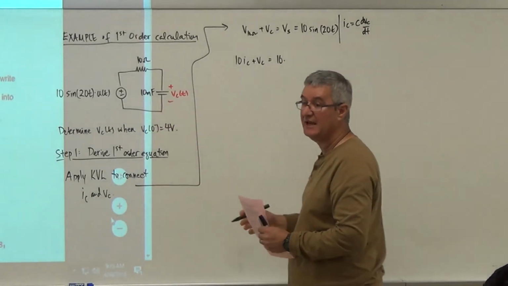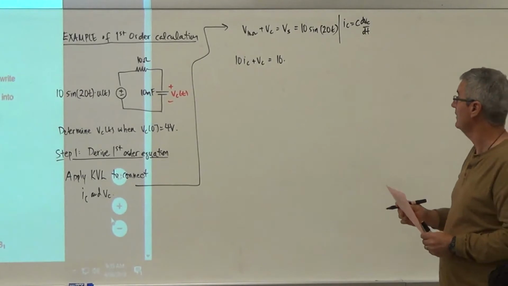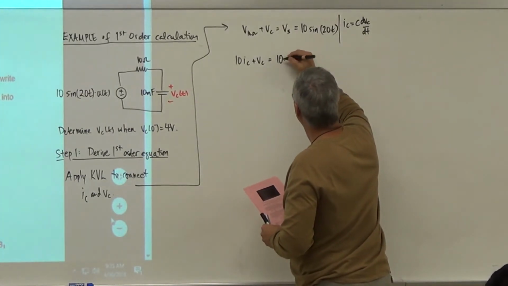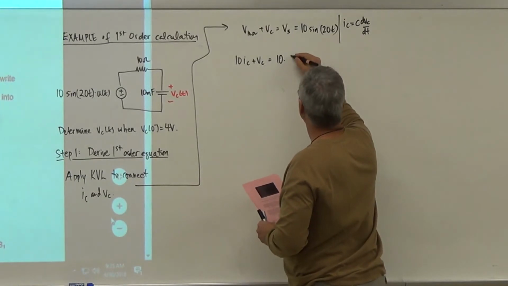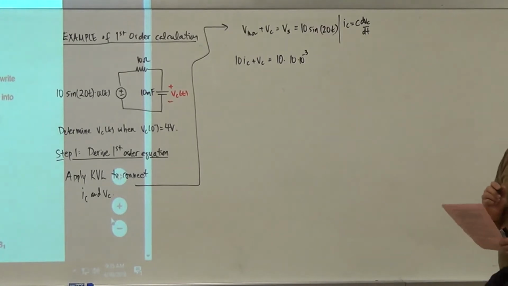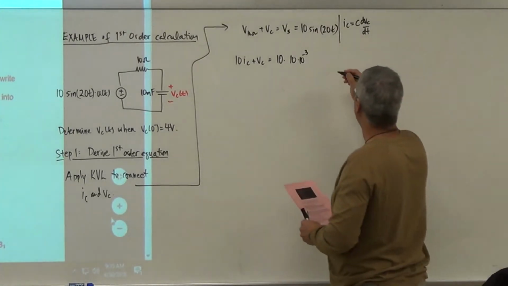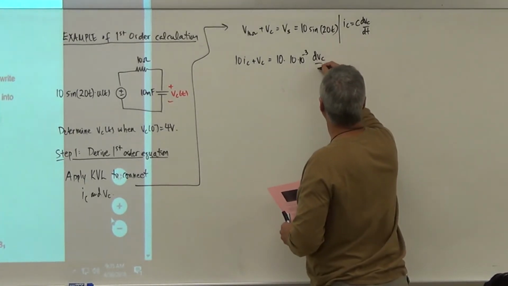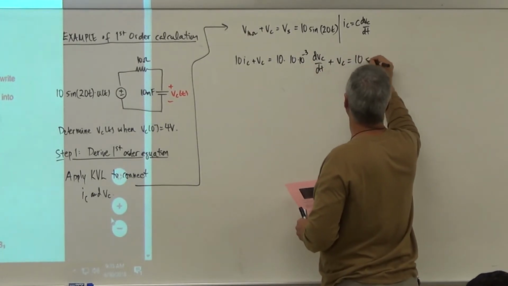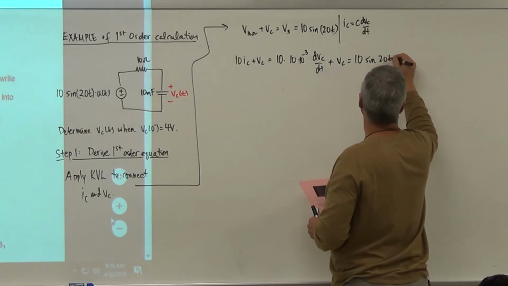You see that it's 10 milli here. This is not 16. So then I'm going to get 10 times 10 to the negative 3. Okay, that's what the capacitance is. And then I'm going to get dV/dt plus VC equals 10 sine 20t.